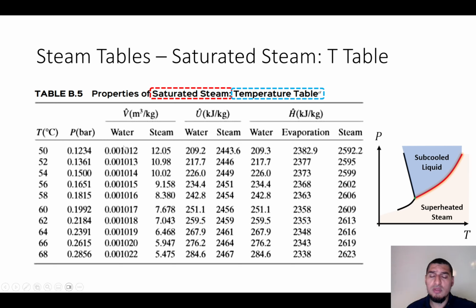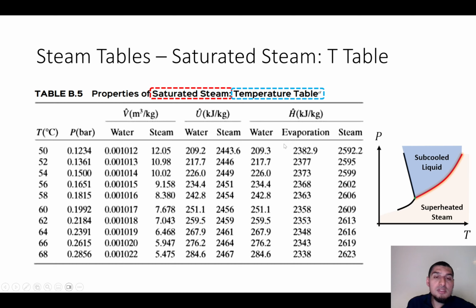So this is what we see here. We have two values, one for saturated liquid and one for saturated vapor. The same here for internal energy. This is kilojoules per kilogram. This is the value for saturated liquid. This is the value for saturated vapor. For enthalpy, we'll have three columns. One like the cases before, one for water and one for steam, which is this and this. And we have one other enthalpy column for evaporation.